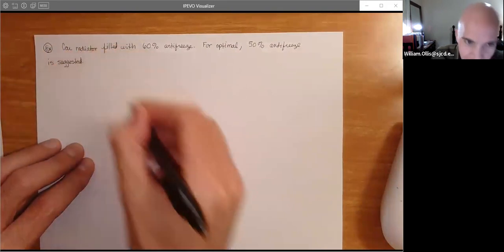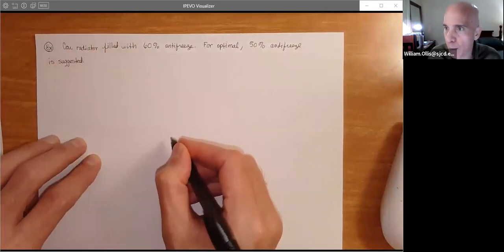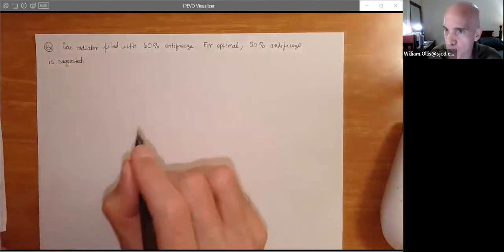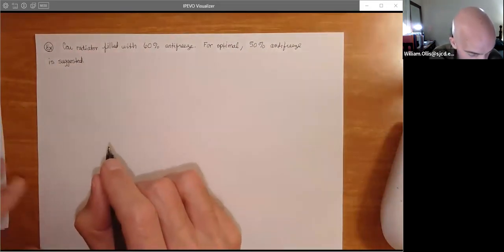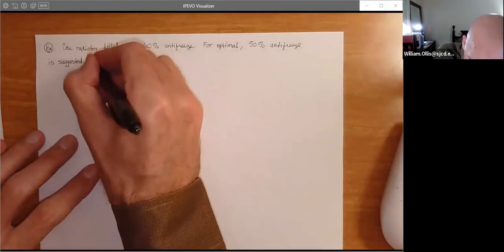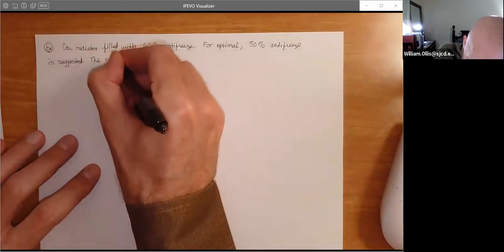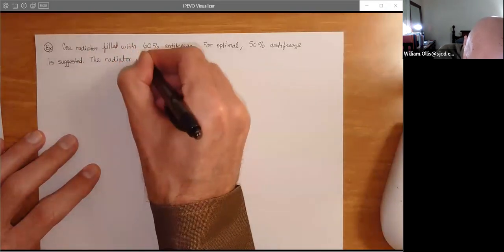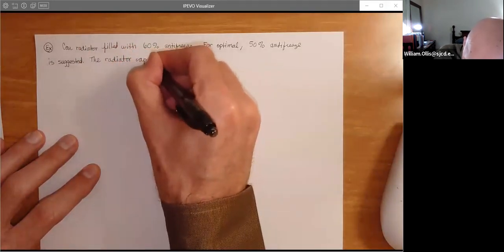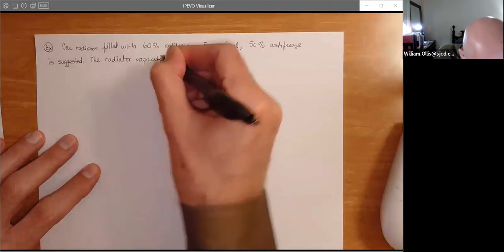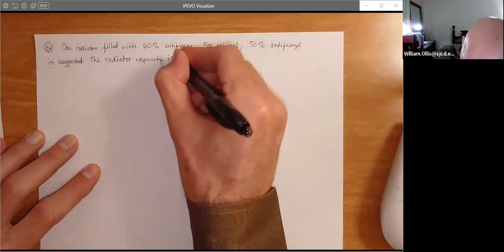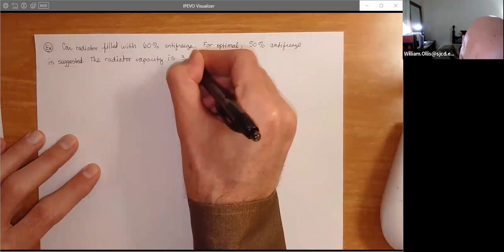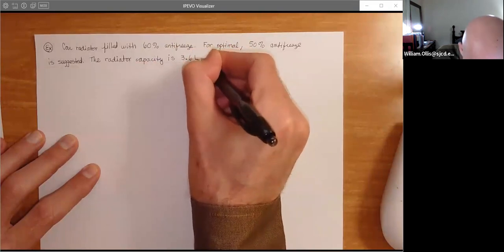Of course, in the WebAssign, these are written, and as you read problems that I've done, a lot of times with the Smart Pen videos, I write out the problem. And I'll just say the radiator capacity, this is what I was talking about before, the radiator capacity is 3.6 liters.